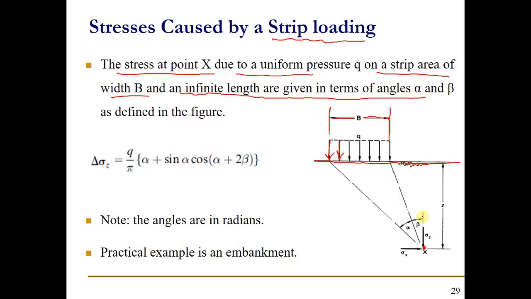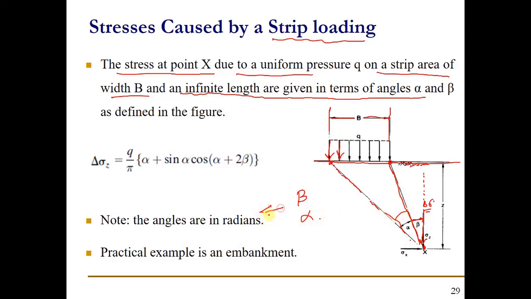What are those alpha and beta? You can clearly see that this is the vertical stress increase line, and here we are having the right corner of the strip loading. So the angle between this sigma z, or the delta sigma, which we need to find out, this line, this angle is beta, and the angle between the left corner of the strip footing and the right corner, this angle is alpha.